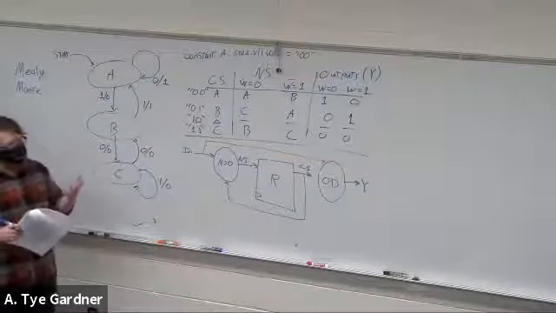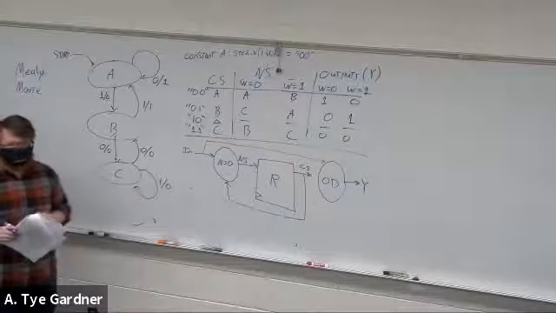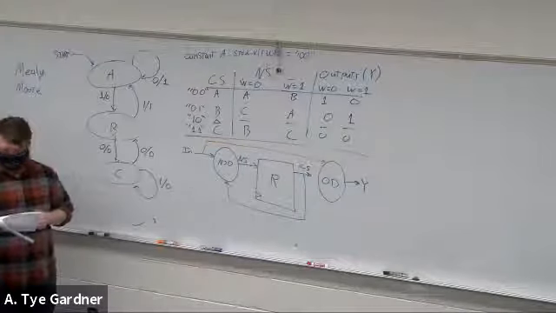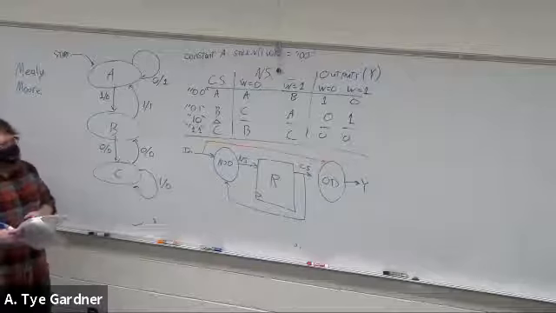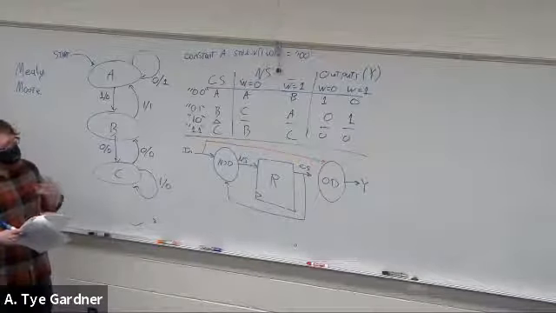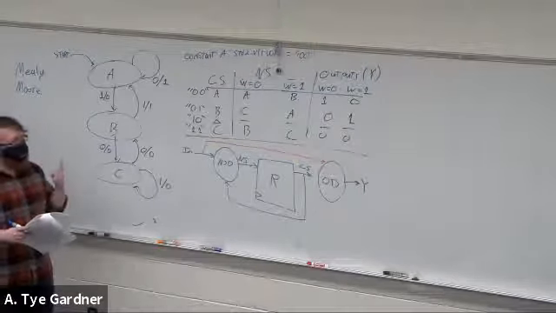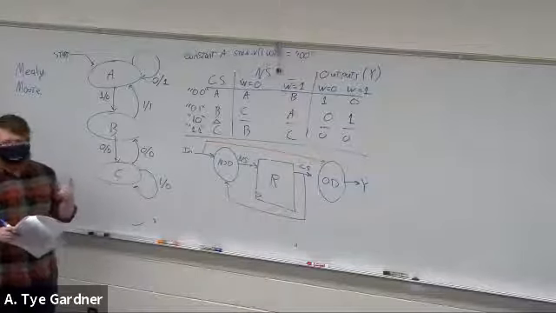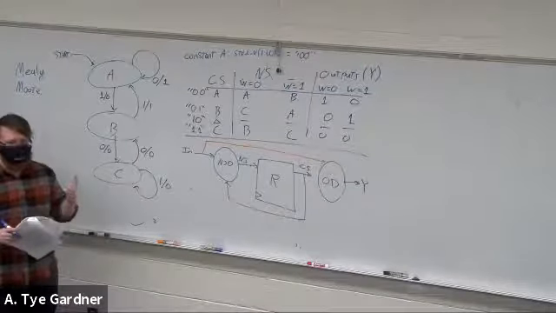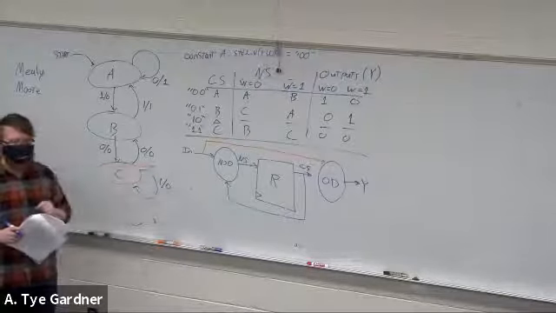Okay. But how do we make next state logic and the output logic? How do we make it? Well, let's think about this. How many bits does our next state decoder have controlling it? How many input bits does NSD have?